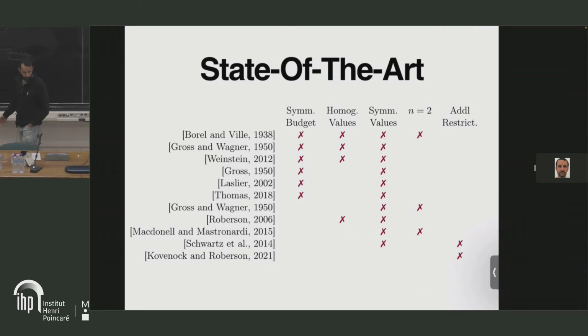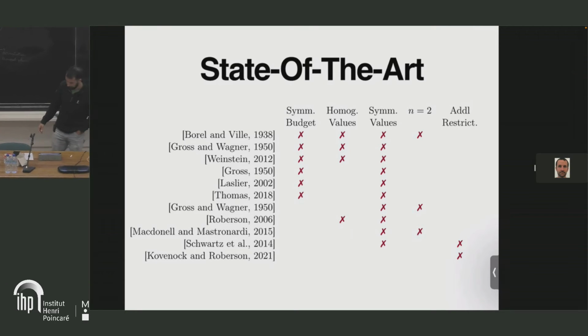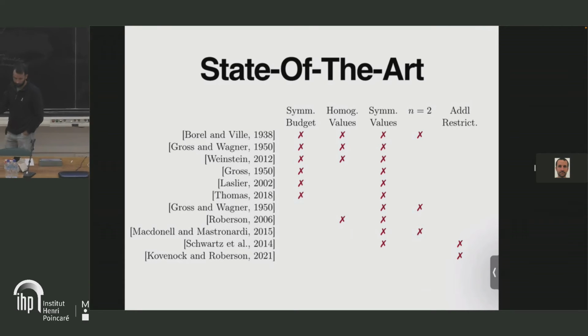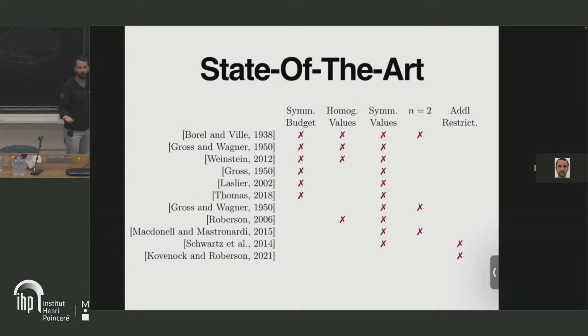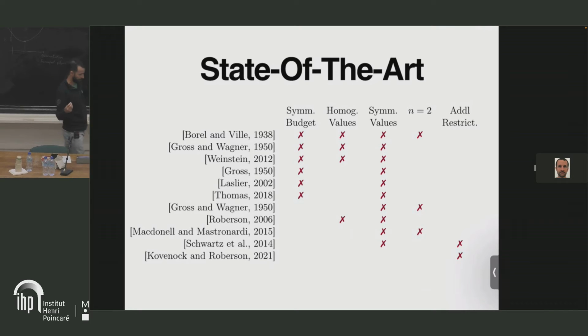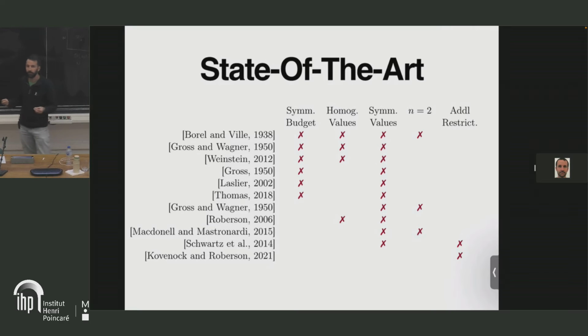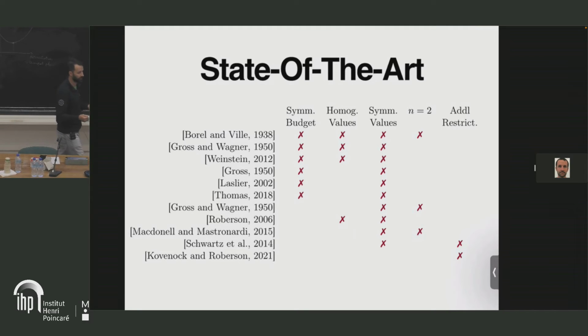So this is a partial literature. It has attracted a lot of people, and all these people have worked on finding Nash equilibria. I don't know how many of you are familiar with this concept. Each player will decide on a strategy, and a strategy is a way to assign your troops among the battlefields.